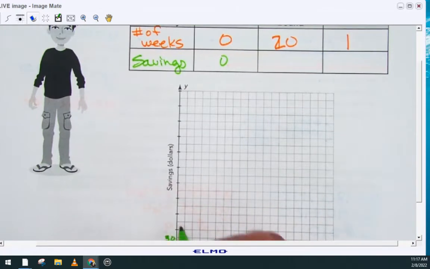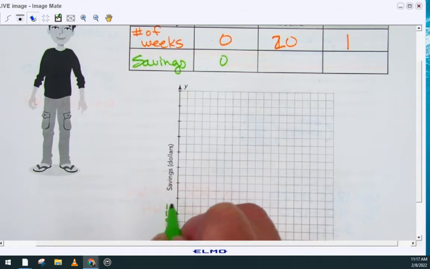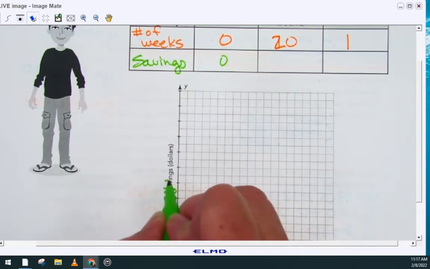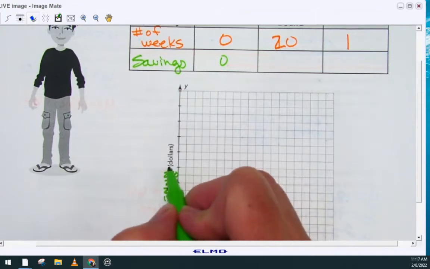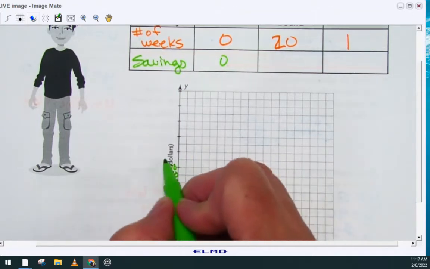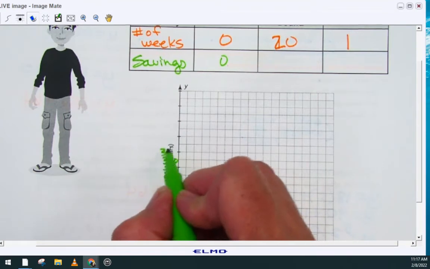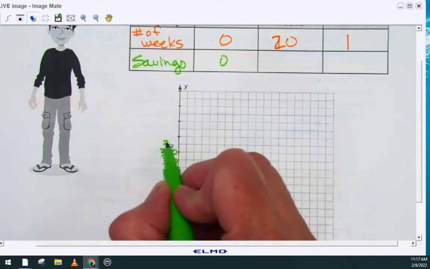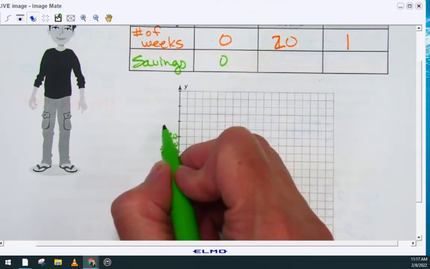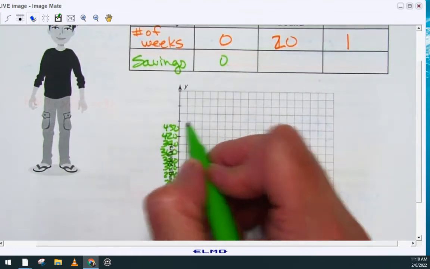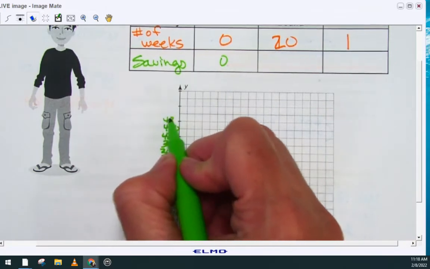So this would be 30, 60, 90, 120, 150, 180, 210, 240. Sorry, you can't really see it in there. 270, 300, 330, 360, 390, 420, 450, 480.